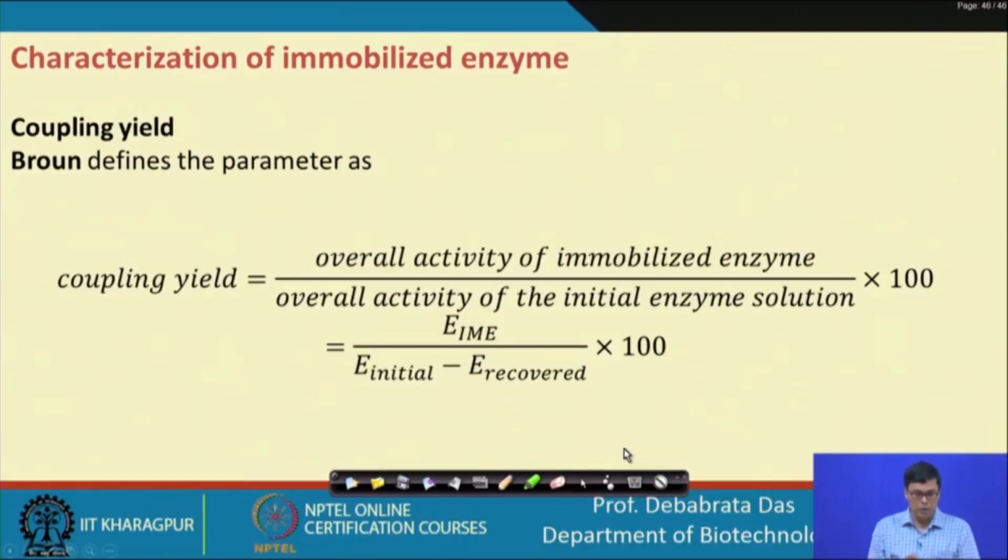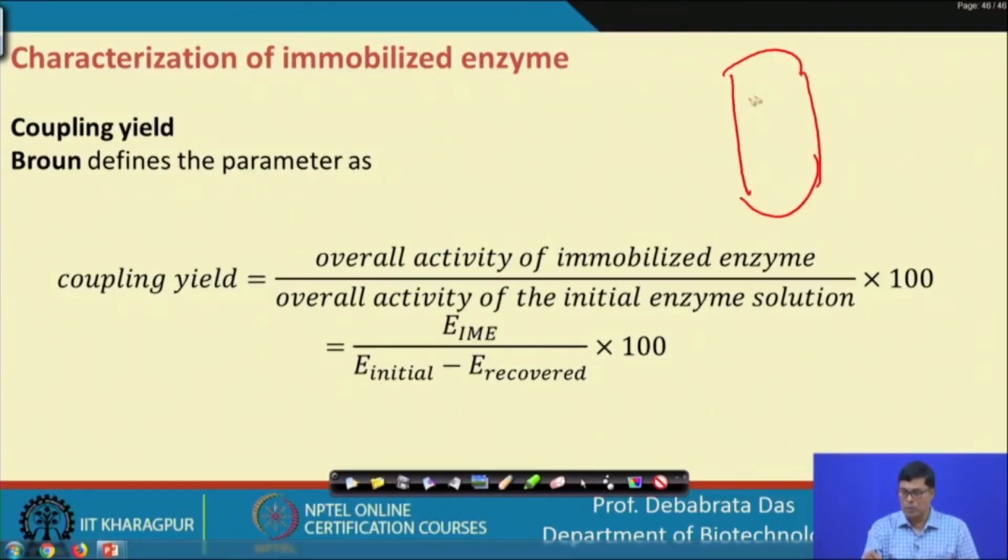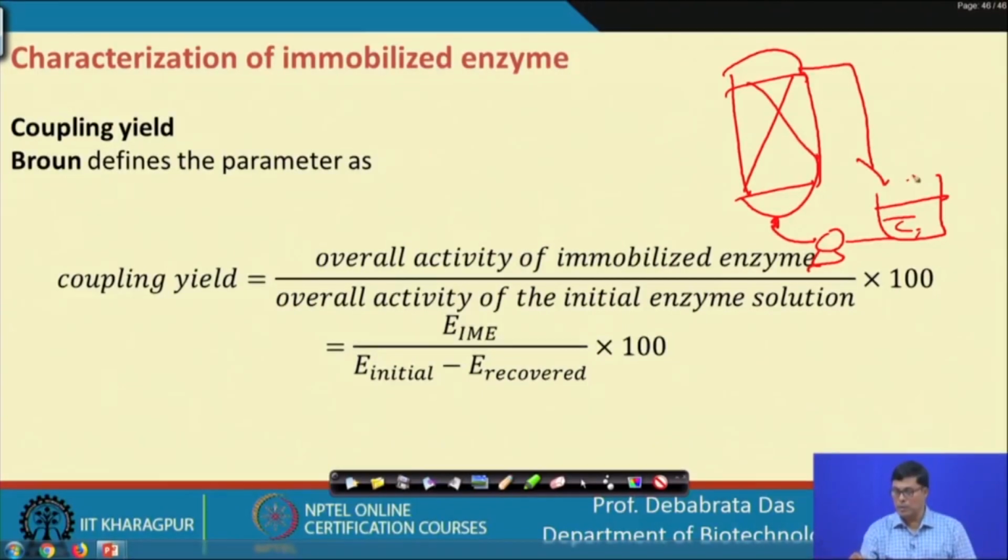Now this is very important. In case of immobilized enzyme, we come across the coupling efficiency. Coupling efficiency means, suppose this is a column, you want to immobilize the enzyme here. So first you prepare an enzyme solution here, and with the help of a pump you take the enzyme here. Am I right? You take it out and you take it back here. So you recycle again and again until this is saturated.